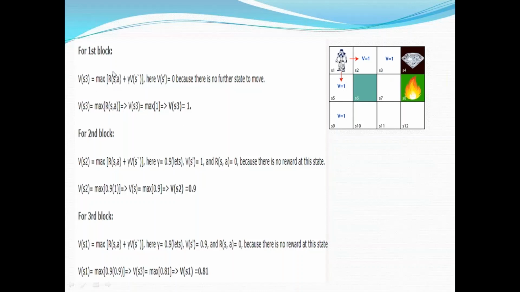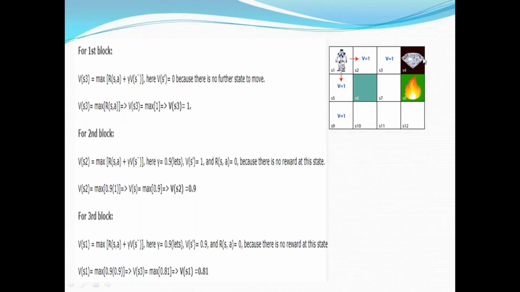Value of S3 equals max of R of S3 comma A. If you move to the right side and get the reward, the reward obtained will be +1. So R of S comma A will be 1. Now V of S dash.